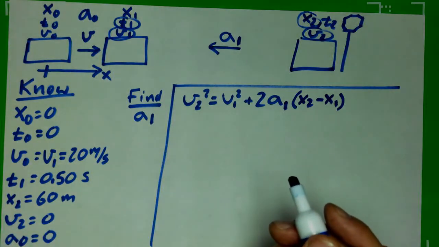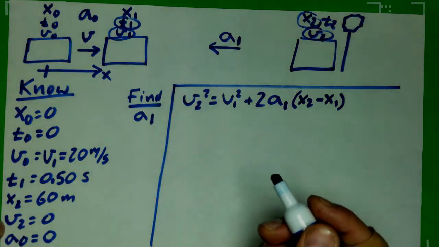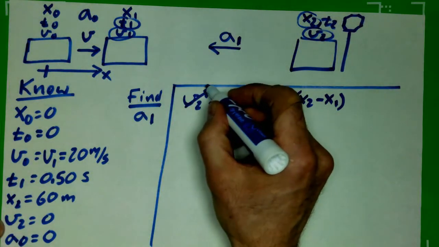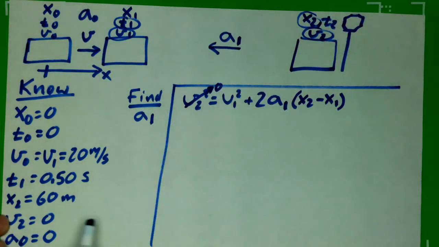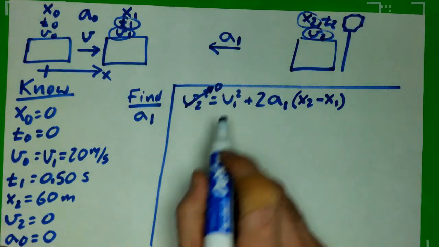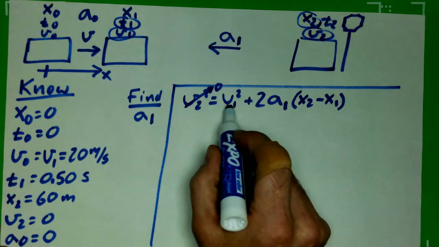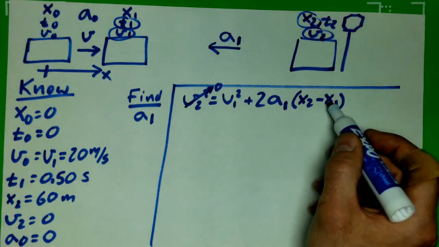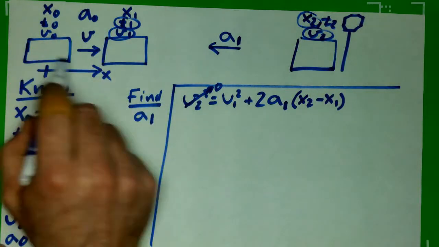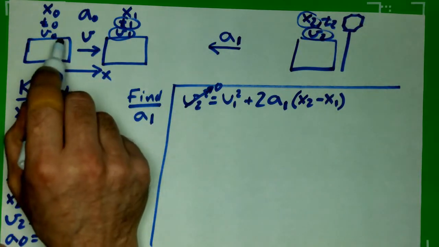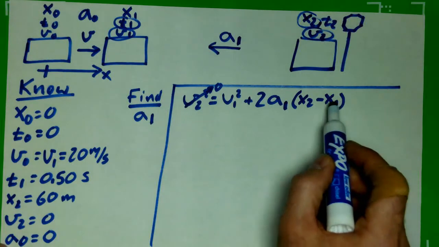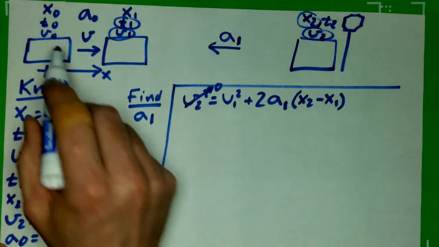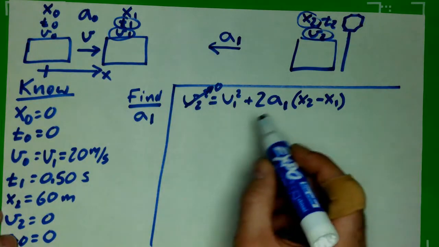Now, what things do I know? Well, I know it stops. V2 is 0 down here. V1 I know. That's good. X2 I know, and X1 I don't know, but I haven't used any of the information here, so I imagine, in fact I know, I can find X1 from this information. But let's go ahead and solve this in terms of the other variables.